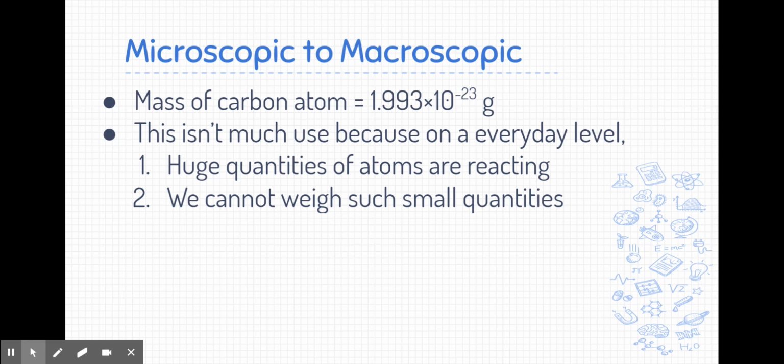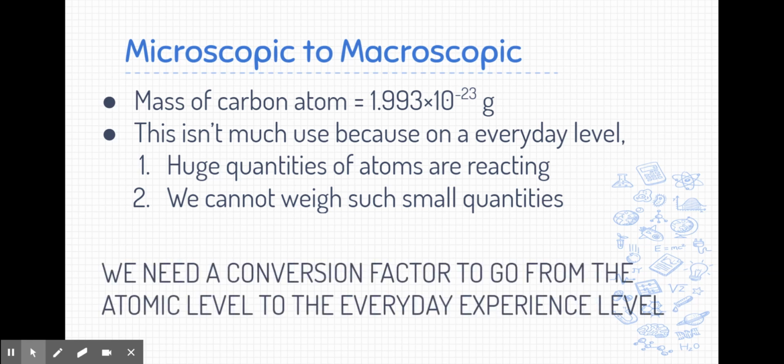You can't get a scale that measures to a level of precision down to 10 to the negative 23 grams. It's impossible. The challenge for chemists is we need a way to go from the atomic level to the everyday experience level that we deal with in terms of regular chemistry. And this is where the mole concept is coming in.